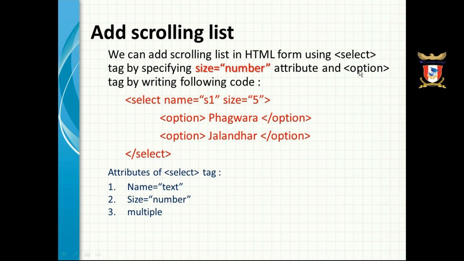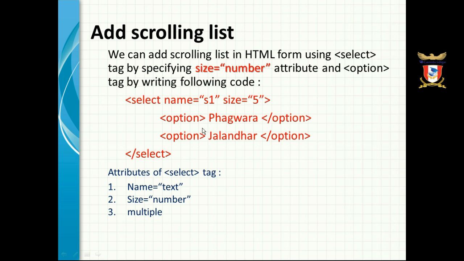The option tag is similar to the previous example in the drop down list. Here we have created a scrolling list, select name equal to s1, and the extra attribute that we must specify is size equal to the number of visible items. You can specify 3, 2, 4 or any number.